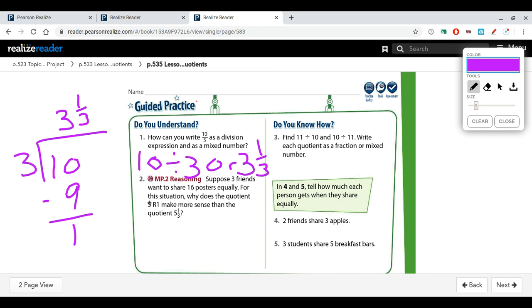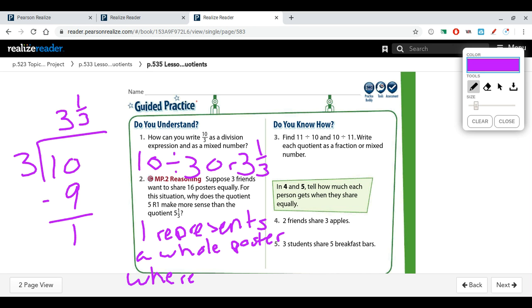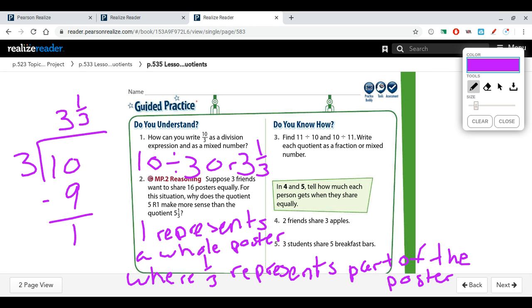So again, I have 5 posters, remainder 1, and it makes more sense than doing 5 1/3 because 1 represents a whole poster, where 1/3 represents part of the poster. So it doesn't make sense that we would cut a poster into thirds to give each person a third of a poster to have part of a poster. So they're each going to have 5 posters, and then there's just going to be 1 poster left over.